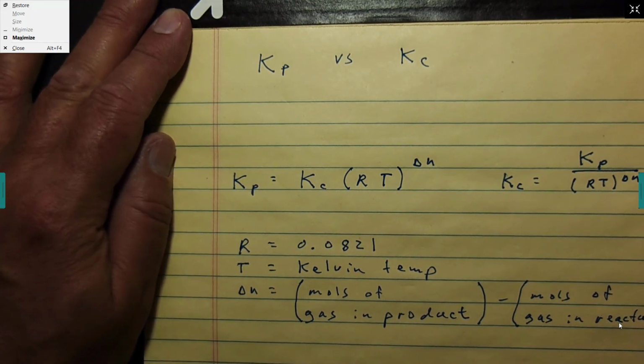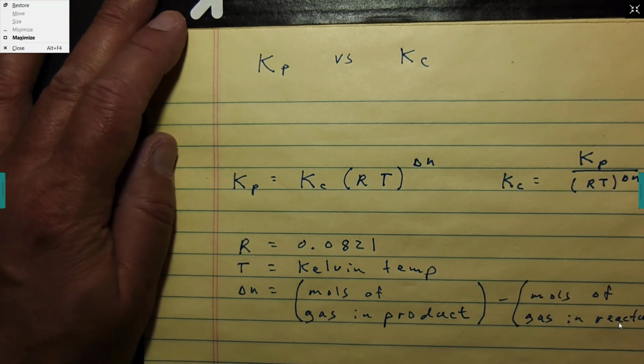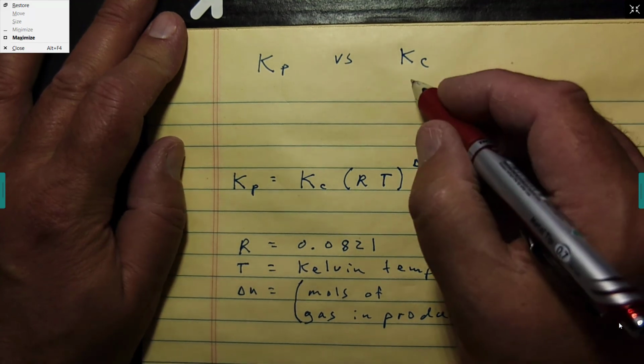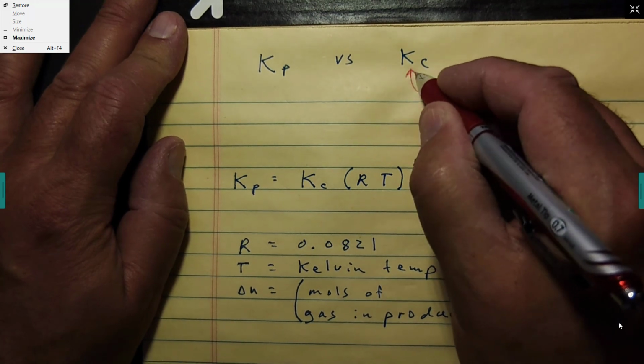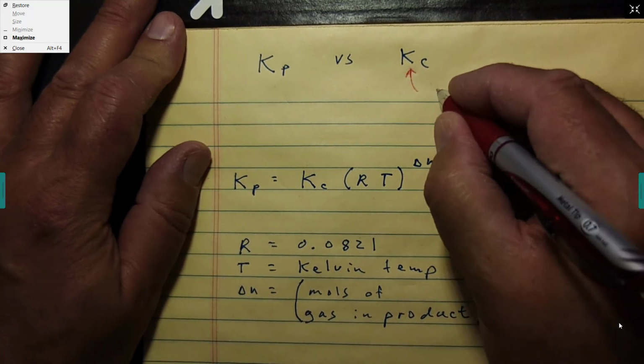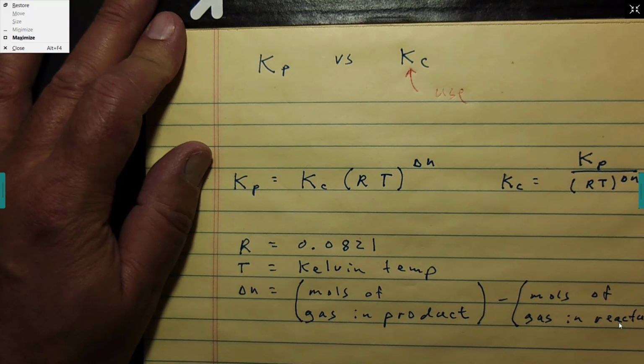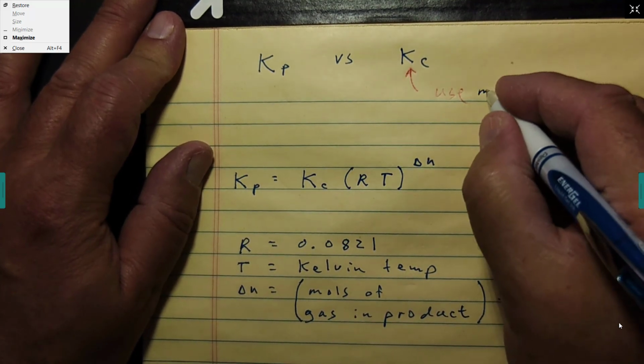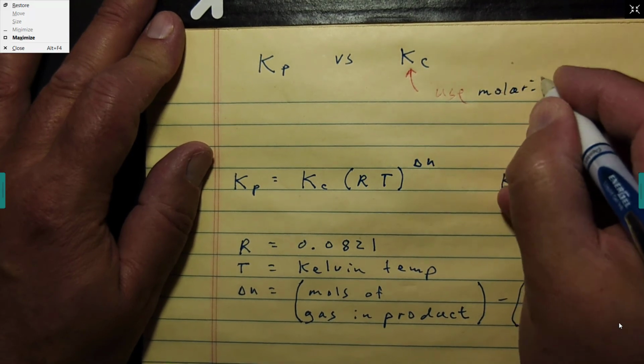Well, it turns out you get different values for the equilibrium constant K depending on how you express the concentrations. Kc is what you get if you use molarity.